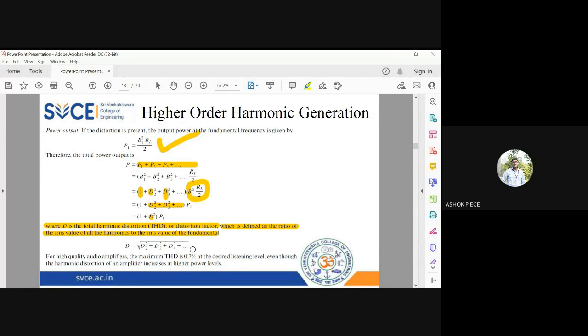Can anybody say what value of capital D you expect for an amplifier? Please make a guess, don't be silent. What is capital D called as?